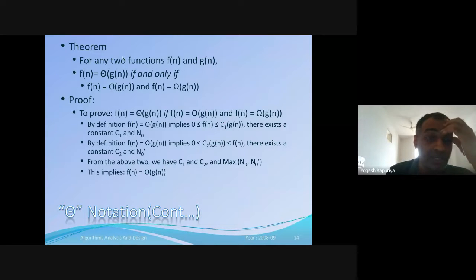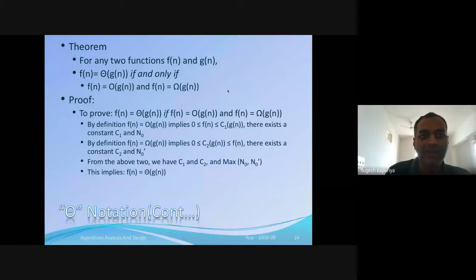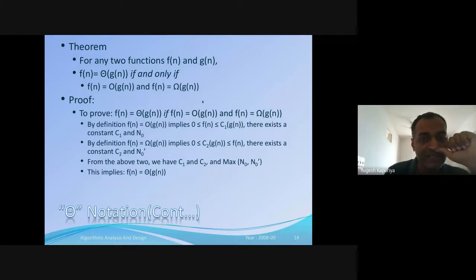The theorem says, for any two functions Fn and Gn, Fn is equal to theta of Gn if and only if Fn is big O of Gn and Fn is big omega of Gn. That means if I want to say that Fn is theta of Gn, then I have to prove that Fn is big O of Gn as well as big omega of Gn.